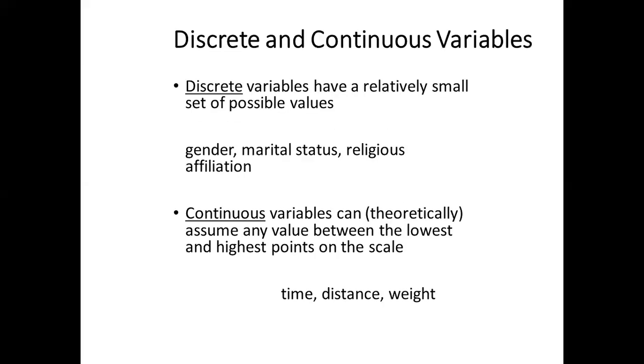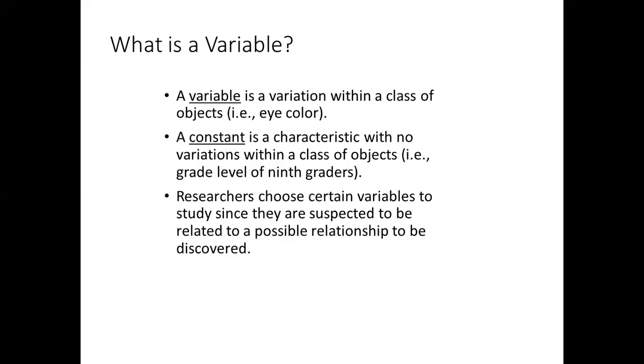hypothesis. All right. So as a way of definition, a variable is a variation within a class of objects, i.e. eye color. Then a constant is a characteristic with no variation within the class of objects. So we'll still go into this in detail.